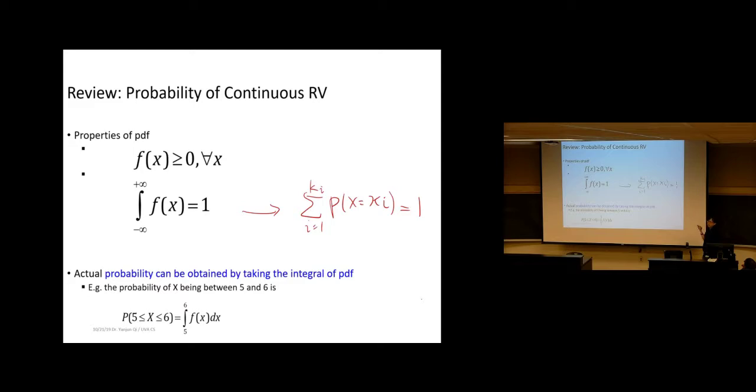This has a one-to-one analogy to discrete random variables. Over all the possible values of a discrete random variable, the summation of the probability mass function is supposed to be 1, right? So here, instead of doing the summation, we are doing the integral.